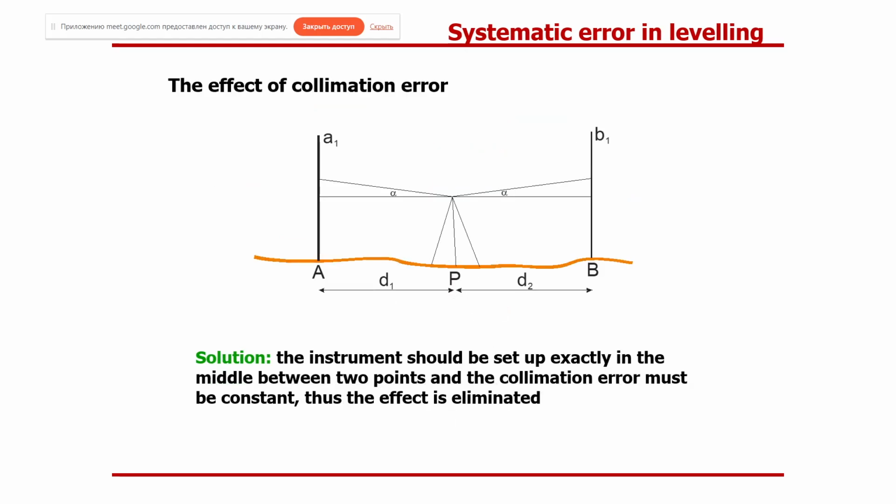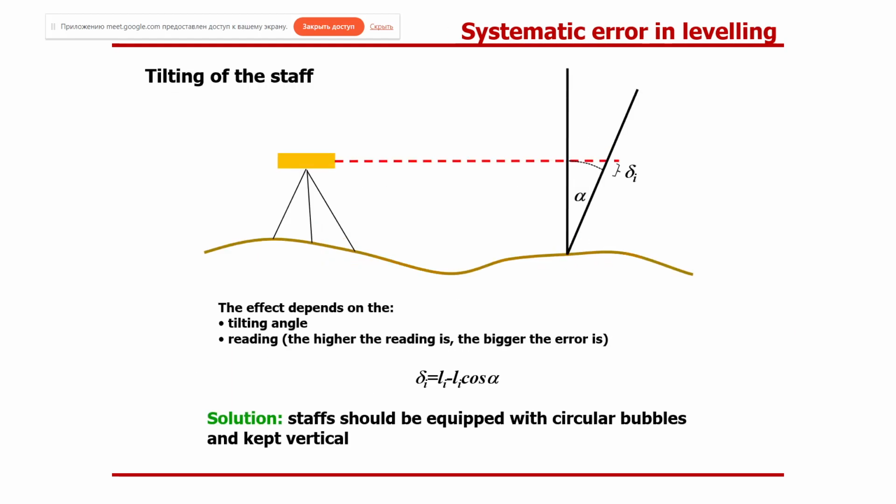For the effect of collimation error we also should put the instrument exactly in the middle between 2 points, and the collimation error must be constant, thus the effect is eliminated.